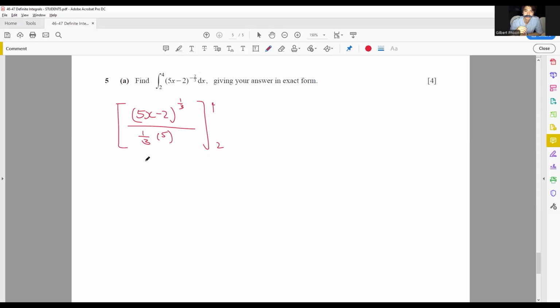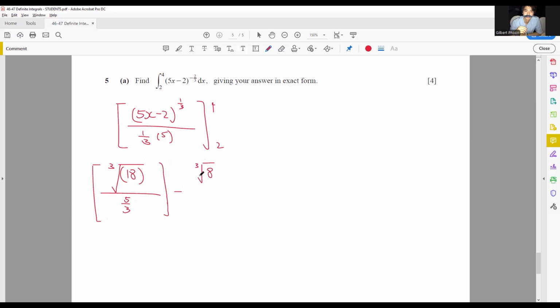From here, just basic substitution. 4 times 5, 20, minus 2, 18. To the power of 1 over 3 can be written as cube root of 18 over 5 over 3, minus the same thing. 2 times 5, 10, minus 2, that's 8.